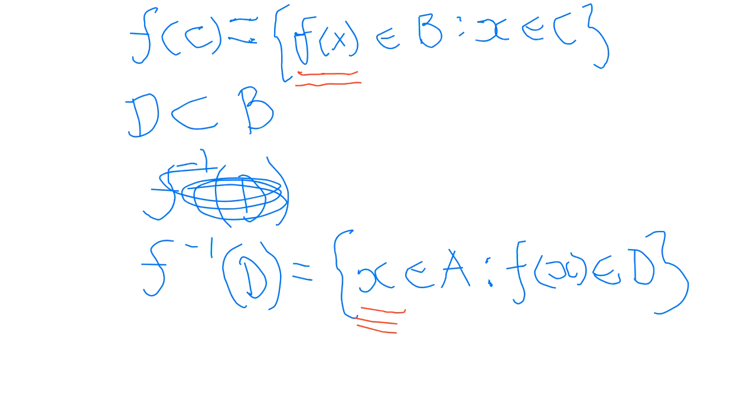But you have to be careful with the direct image. The direct image is the elements that you get in the range, not the codomain, because remember, the elements in the range are part of the codomain, but not everything in the codomain is in the range. So the direct image is the results in the range, specifically.